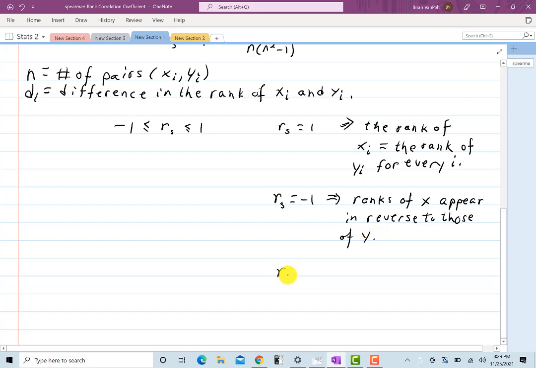And then finally, this last one, r sub s equals 0, there is no linear relationship whatsoever. Everything else between those numbers are various degrees of a linear relationship.